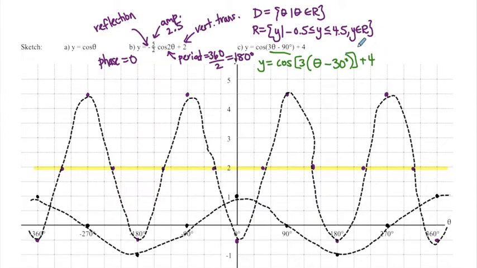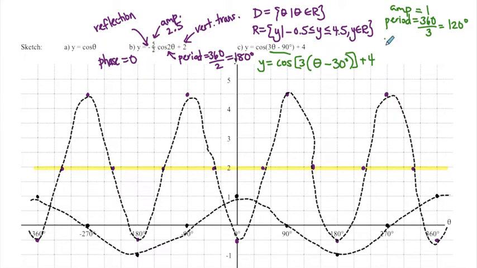So once you've done that, you're going to be able to figure out what your amplitude is. Well, we have an amplitude of 1 because there is no number in front of the cosine. We have a k value, so that's going to affect our period. Normally we would have a period of 360 degrees, but we're going to divide this by 3, which is going to be 120 degrees.